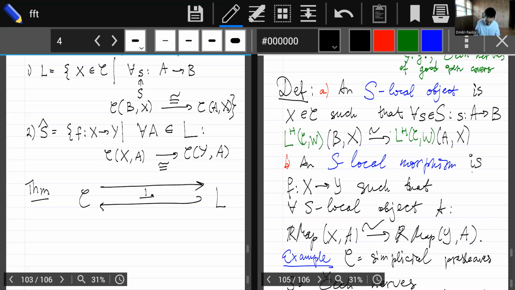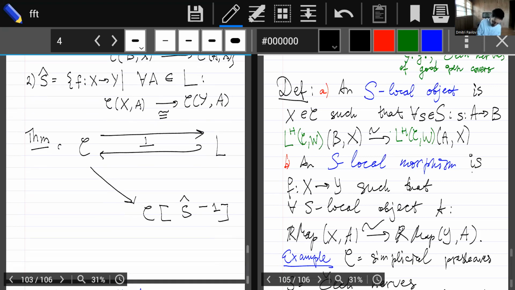And what's more, the category of fractions with respect to S hat is L. Part B: let's call the left adjoint little l, then S hat equals the maps inverted by little l.